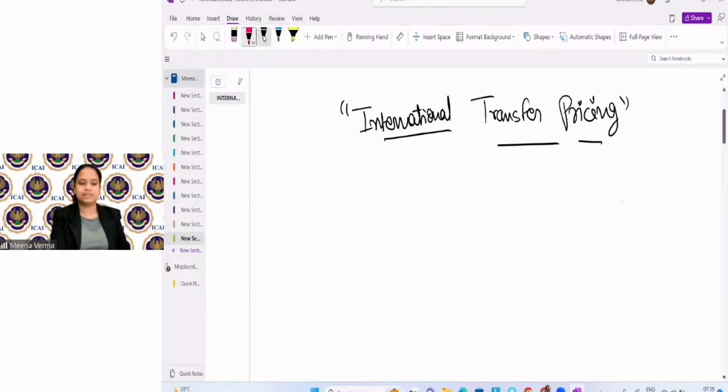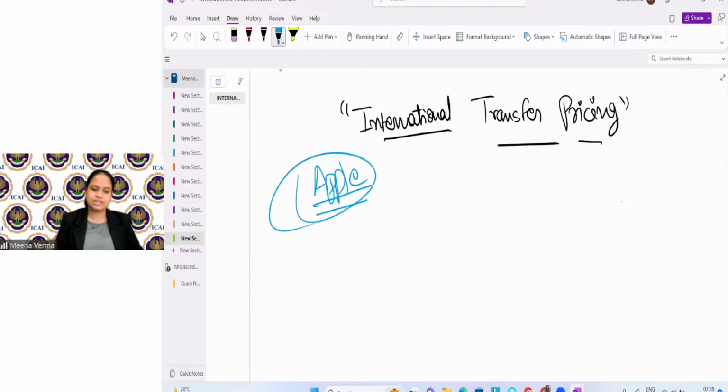Now, for example, there are some organizations that have manufacturing units in different countries. There are many big global companies like Apple and others. I'm just taking the example of Apple to illustrate production. Apple sells its products all across the world, but their production takes place in most of the Asian countries.